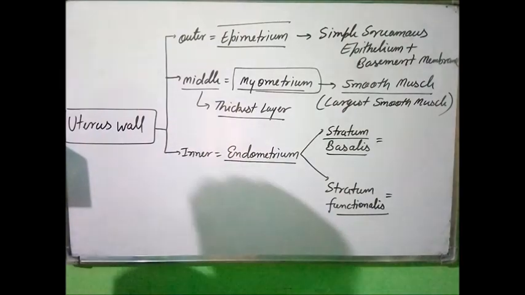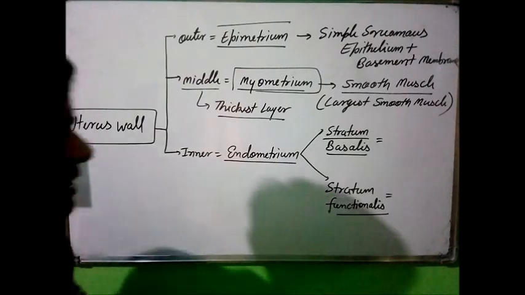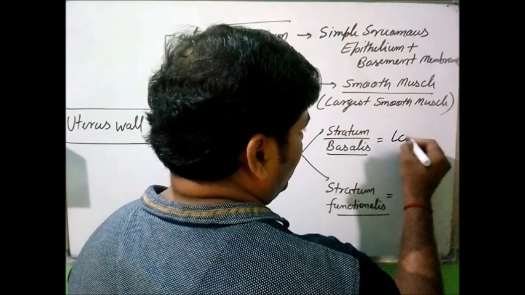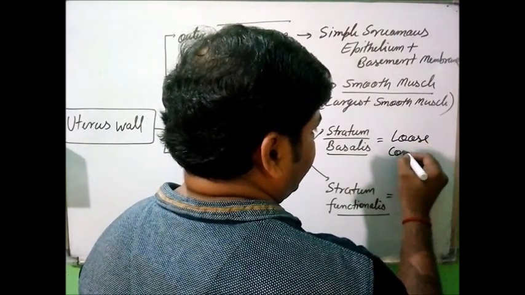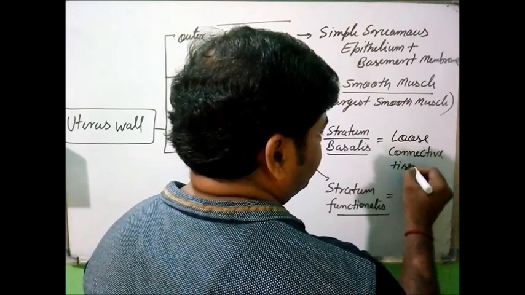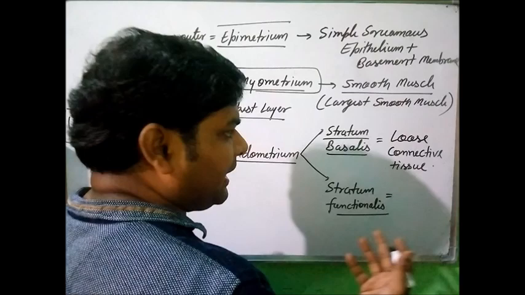Now the innermost layer is endometrium, which is further divided into two parts, I have told you: stratum basalis and stratum functionalis. Stratum basalis is made up of loose connective tissue, that is lamina propria, the proper layer.